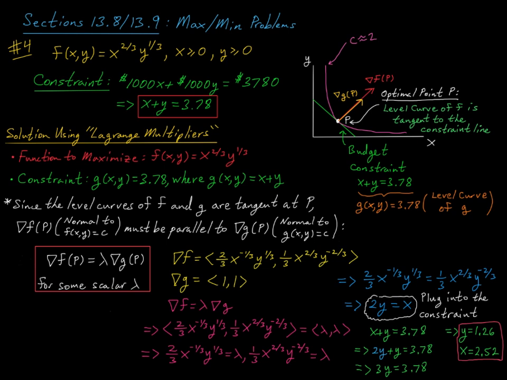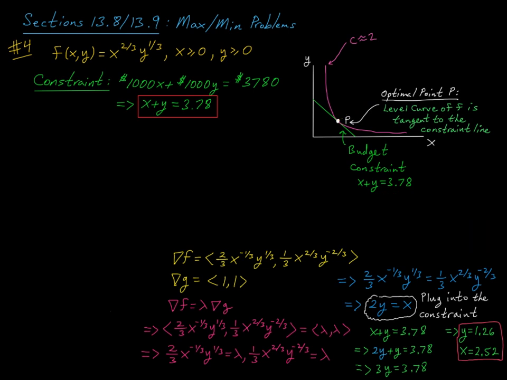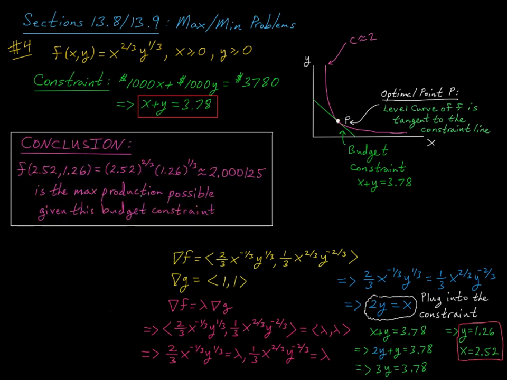Okay, awesome. For our conclusion, I want to use 2.52 units of raw material 1 and 1.26 units of raw material 2. If I plug those into my production function, I get 2.52^(2/3) times 1.26^(1/3). If you use your calculator, that is 2.000125.